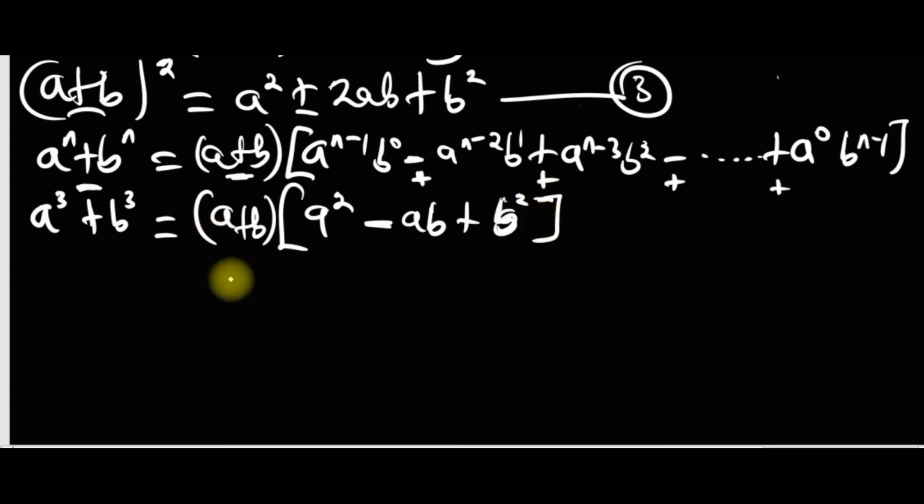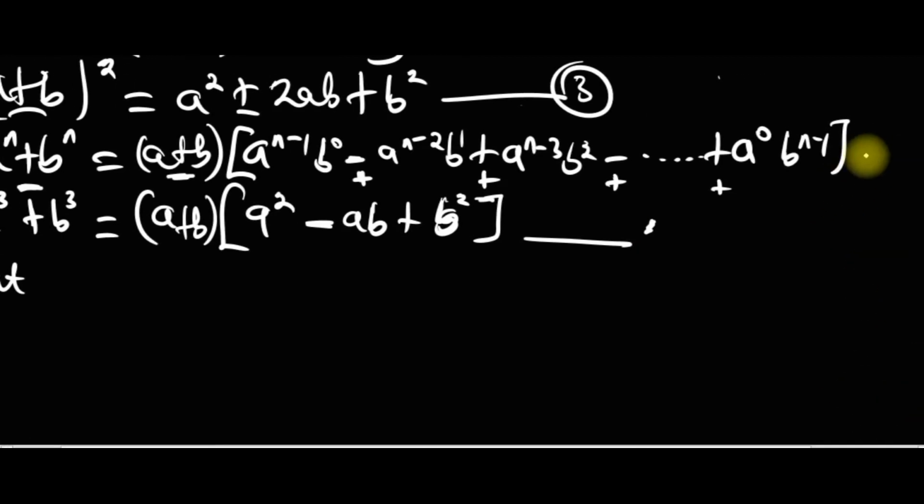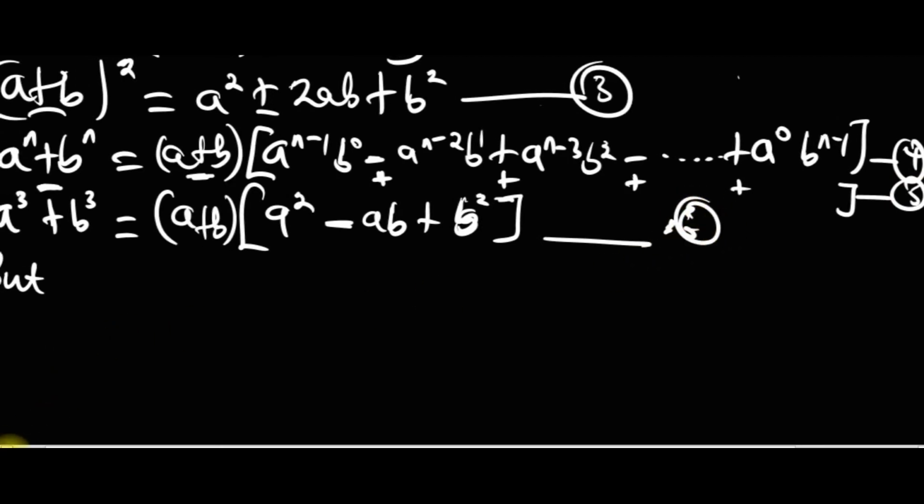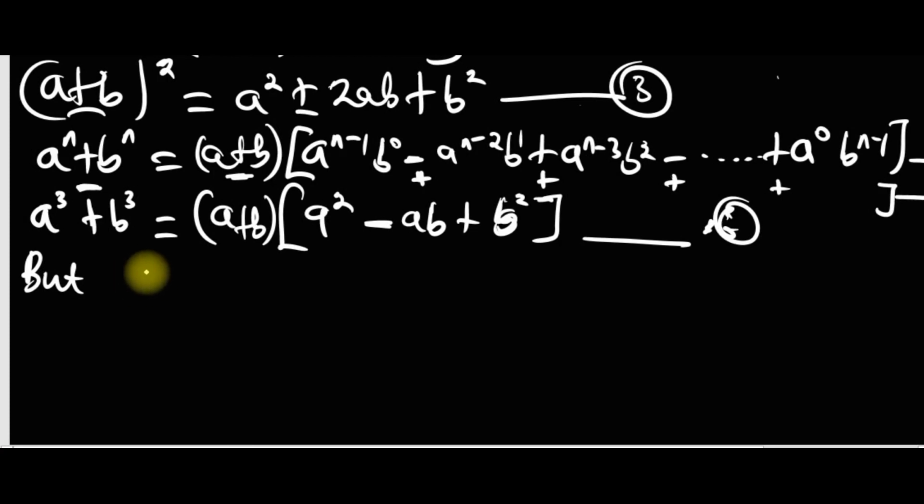But if you could remember, so let's call this identity 4 and 5. This is 4 and this is 5. So we can call this identity 6. But if you remember, addition of 2 squares, because we have addition of 2 squares here.